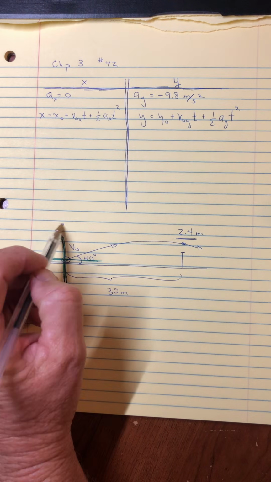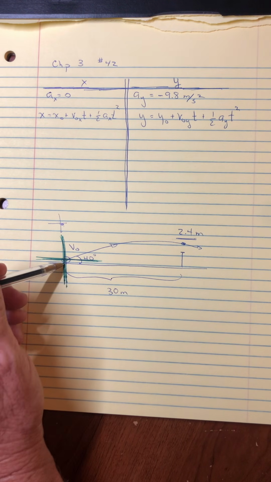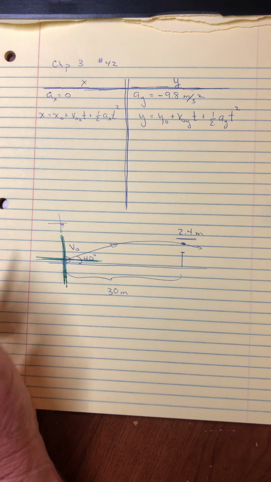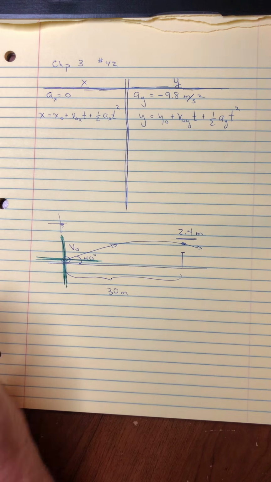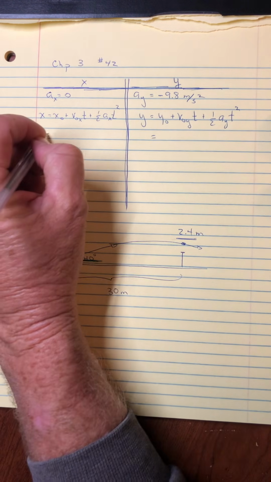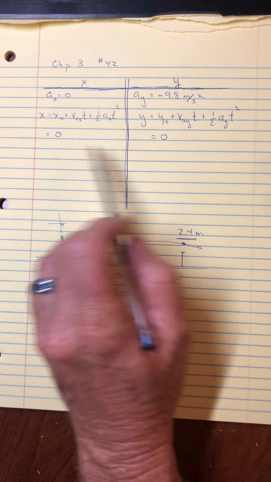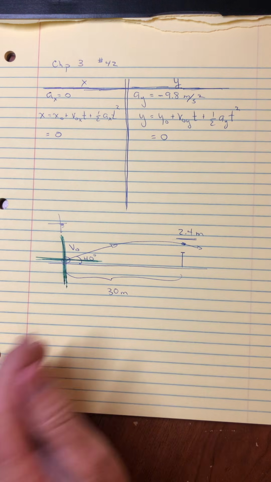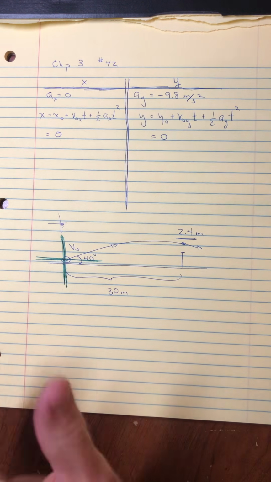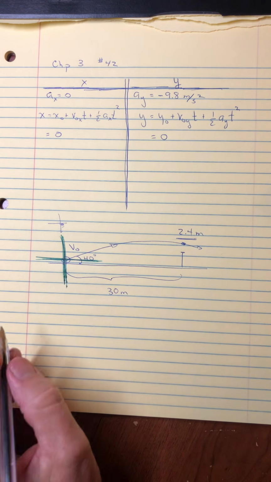Then you could pick the origin where the ball is launched from, or you could pick the ground, and therefore the ball starts with some initial height. However, in this case, my next step would be to put a 0 for the initial position, not only for x, but also for y. All right, so that's kind of step 1.